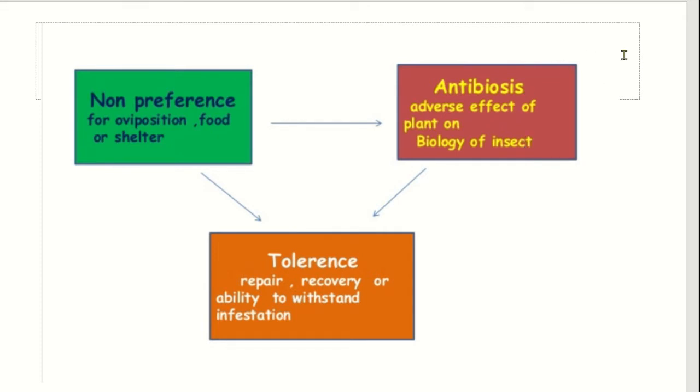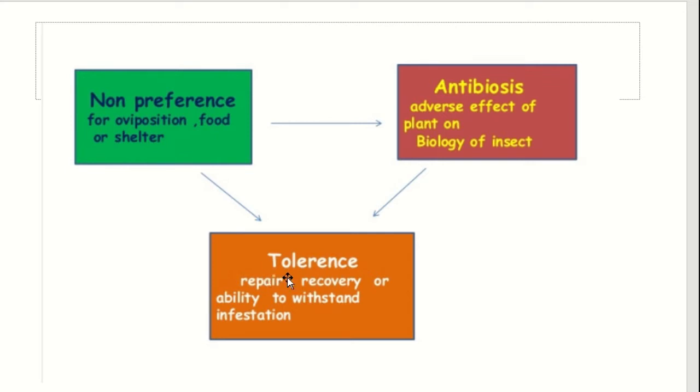Bt cotton may be a good example of antibiosis. When Helicoverpa armigera, popularly known as the cotton bollworm, feeds on the plant body, it sends signals to the plant mechanism, and the delta endotoxin is released. Upon feeding on the delta endotoxin, the insect larvae freeze and die, because it works in alkaline pH.